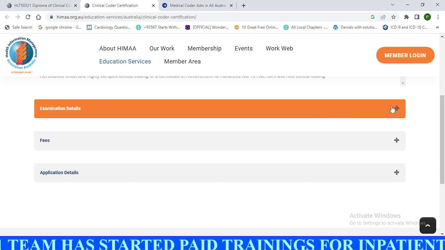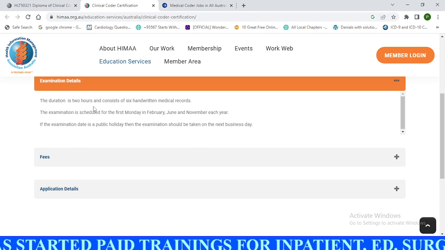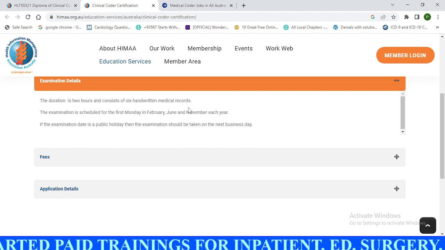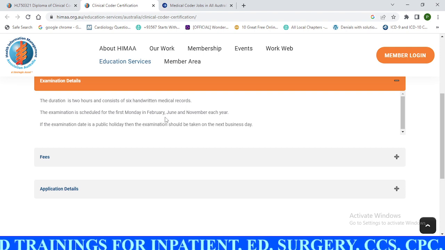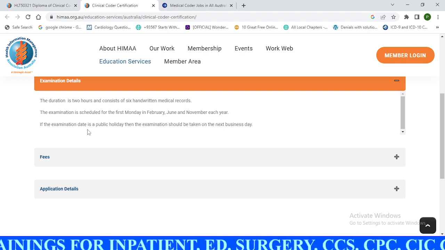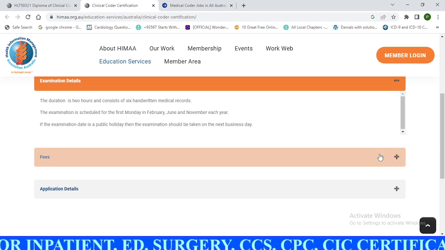So here we have the examination details. The duration is 2 hours and consists of 6 handwritten medical records. The examination is scheduled for the first Monday in June and November each year. If the examination date is a public holiday, then the examination is taken on the next business day.